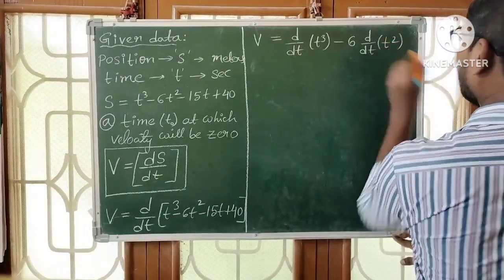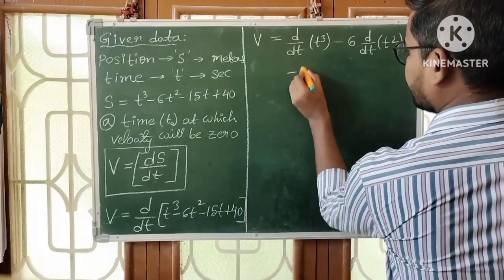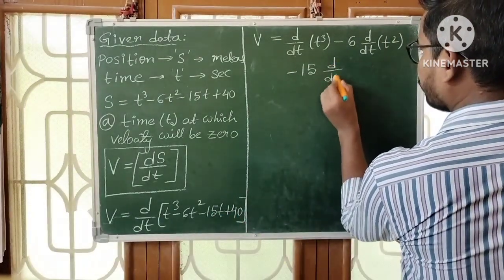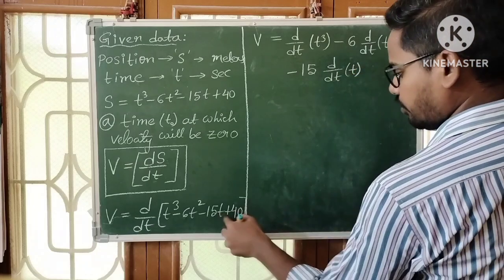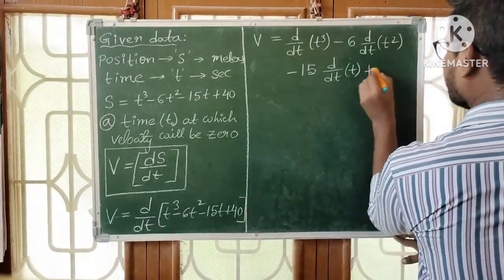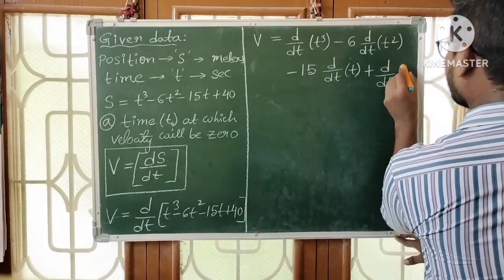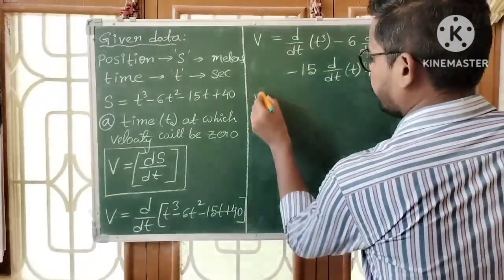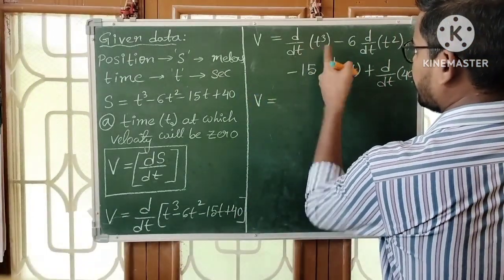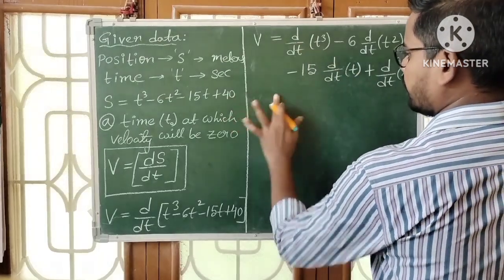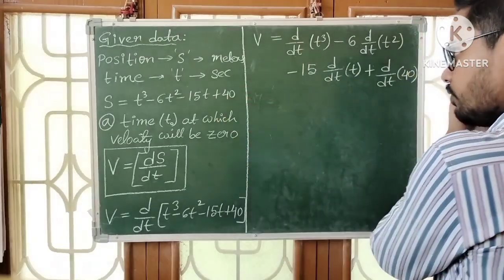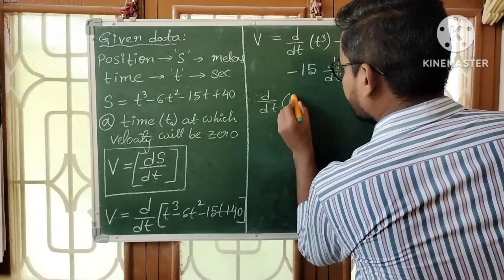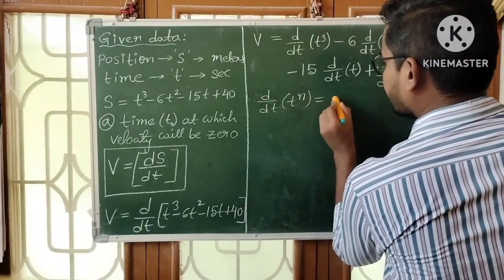So d by dt of t squared, minus 15 is a constant, take out 15 and find the derivative of t, plus d by dt of 40, where we have only a constant. Now v is equal to d by dt of t cubed. Before that, let us recall the derivative formulas. What is the formula for d by dt of t power n?